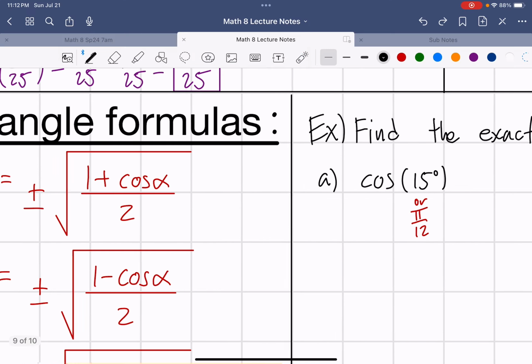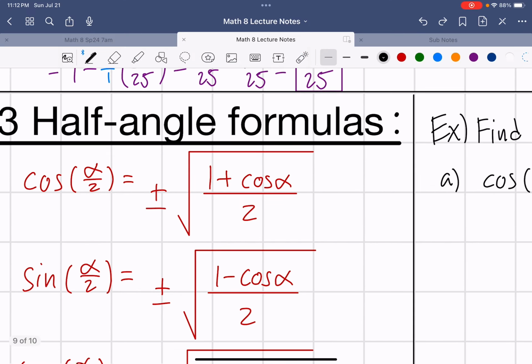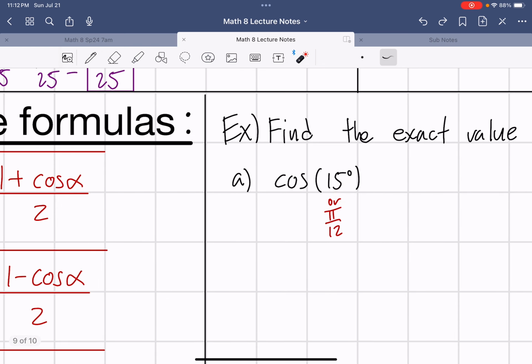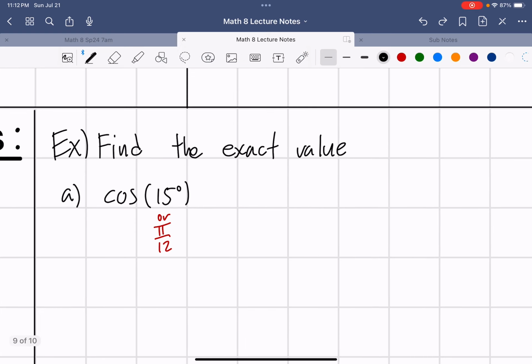I'm altering the way it looks, but the overall value is still the same. And if we see our formulas, they have this angle or degree being divided by 2. So it's not that I'm going to divide my angle by 2, because that would completely change the overall value. The idea is I'm trying to rewrite it in such a way that it has the 2 in the denominator, but still overall represents 15 degrees.